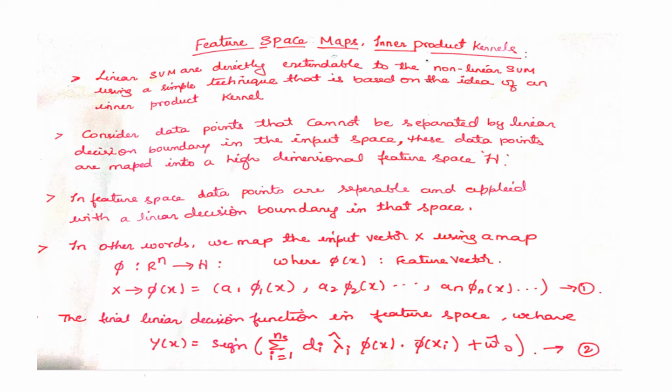The final linear decision function in the feature space can be rewritten in terms of y of x, the output of the neural network, where y of x equals sign of summation i equal to 1 to ns of di lambda i hat phi of x, phi of xi, plus omega hat naught.